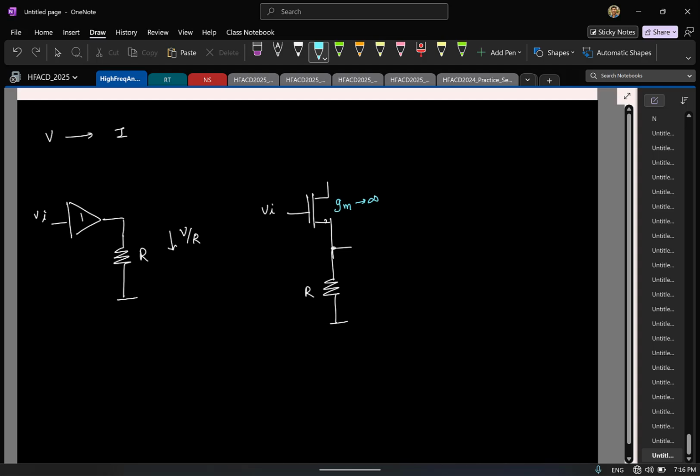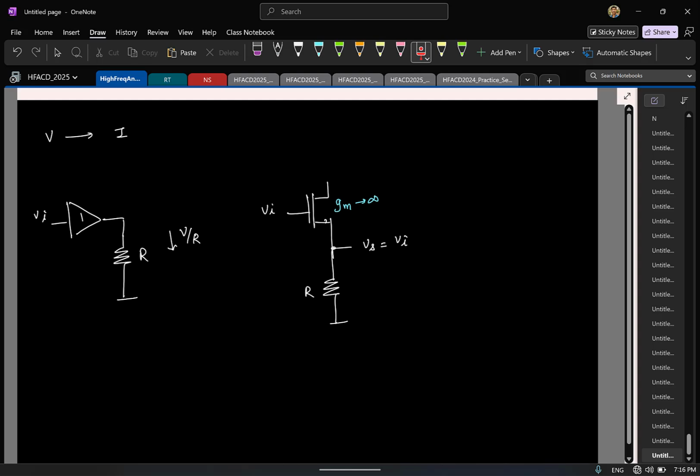If GM is infinity, what can you say about the source voltage here? Why? Okay, that's correct. But if you don't know that expression, can you argue otherwise? Assuming that the circuit is all nice and stable, we'll assume that all quantities are finite.